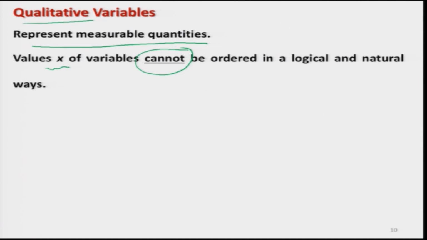Once again, possibly this is one of the most simple definitions to understand for a common person not having a statistical or a strong mathematical background. What does this actually mean? That the values cannot be ordered in a logical and natural way.